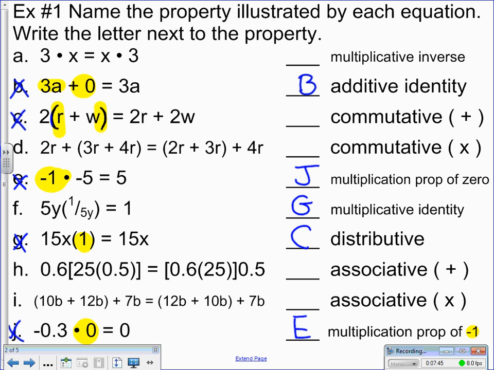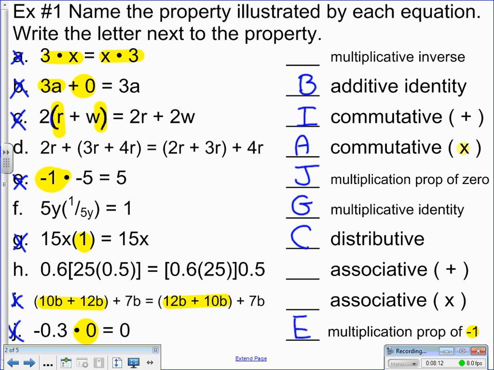Now if you switch the order, 3x and x3, that's commutative for multiplication. Now the other commutative will be where it switches with addition. 10b plus 12b, 12b plus 10b. So that's the commutative for addition.